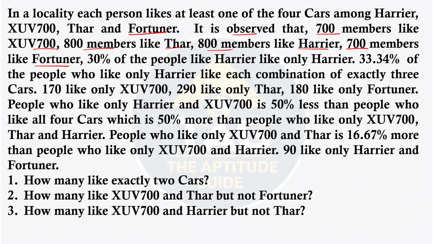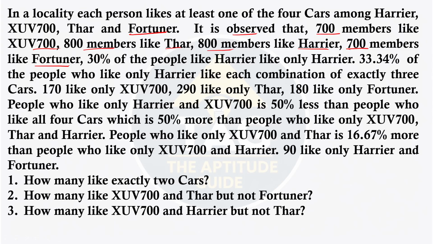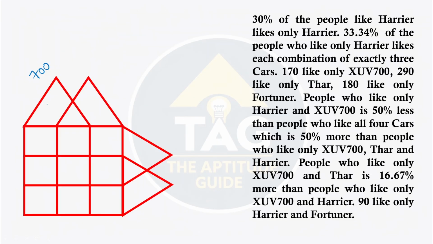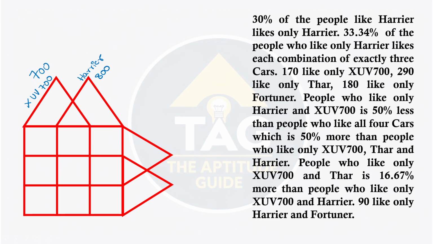Let's work on this. 700 members like XUV 700. Let me write it here. 800 like Thar. 800 like Harrier. 700 like Fortuner.